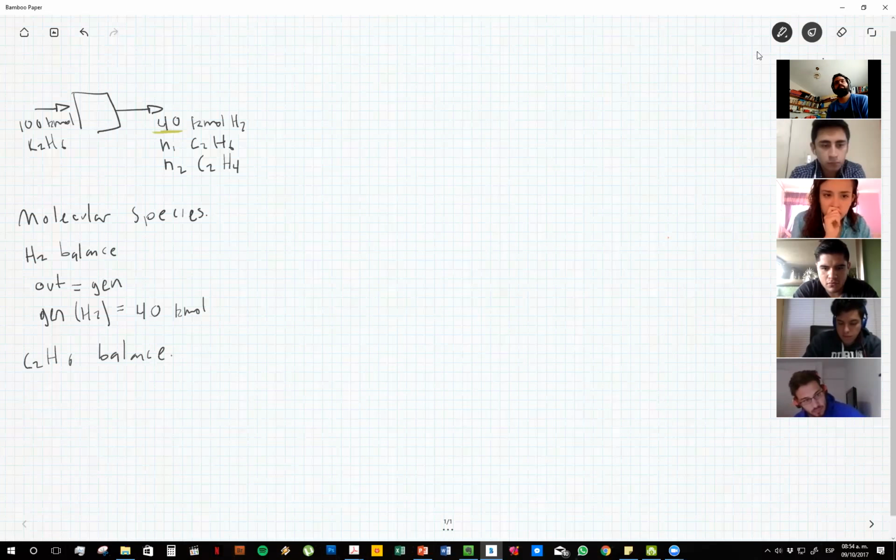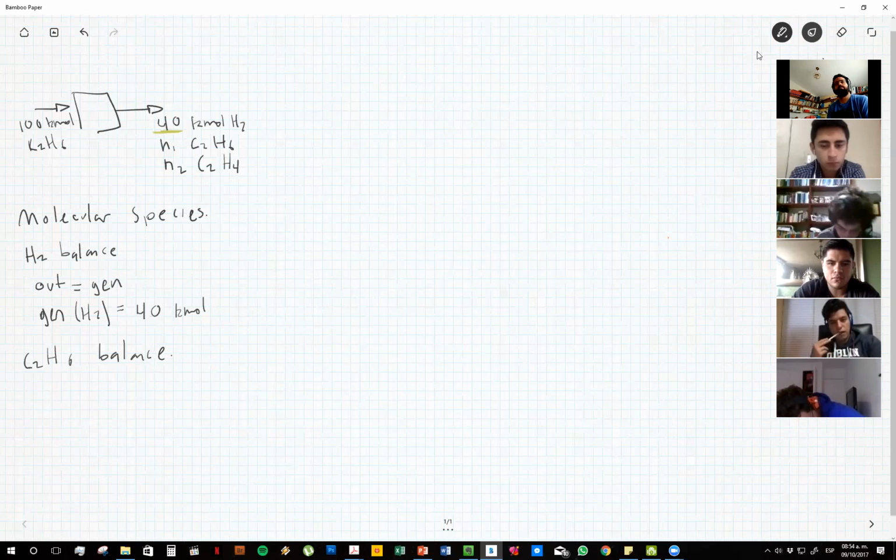So in this case, we have an inlet, so we have part of it that goes into the system. And we have some of it that goes out because we have an N1 term, and we have part of the consumption. So part of the C2H6 was reacted and decomposed into the other two products.